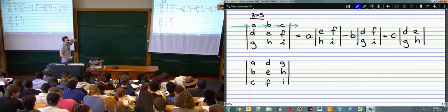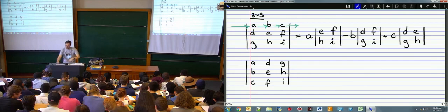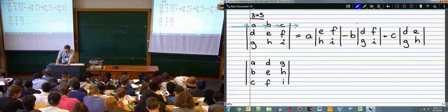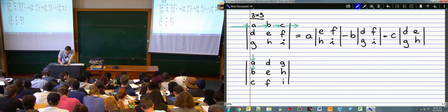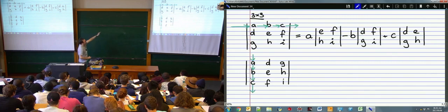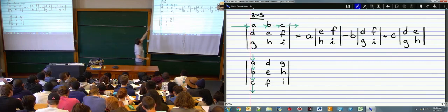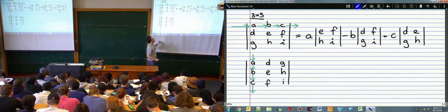And I'm going to calculate the determinant of the transpose by expanding, instead of along the first row, down this first column.